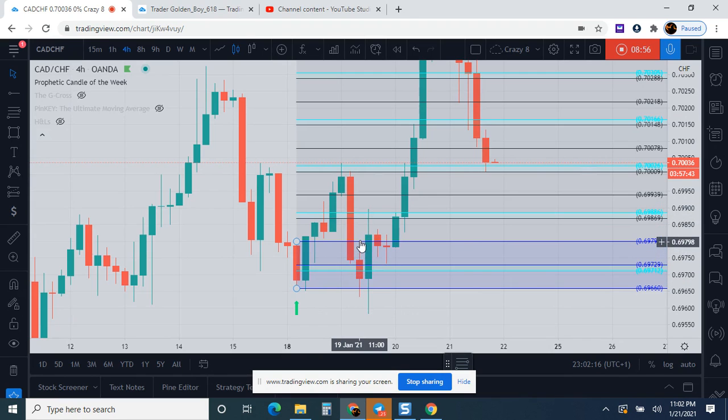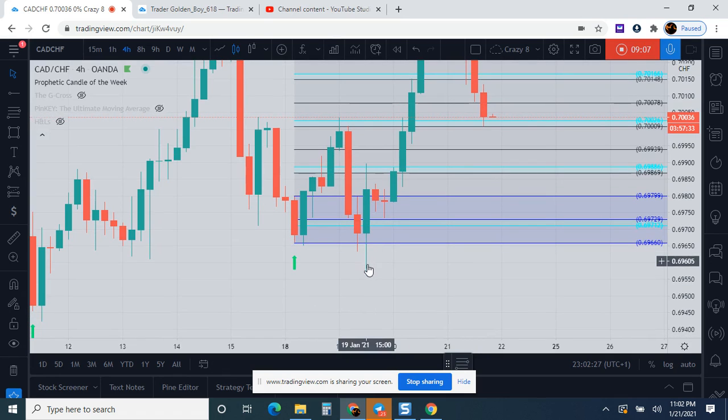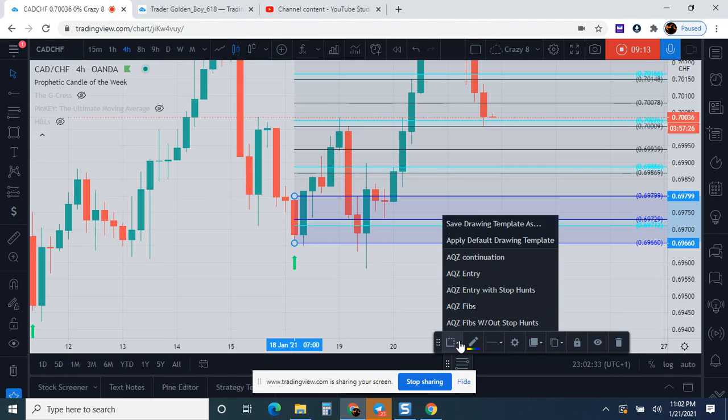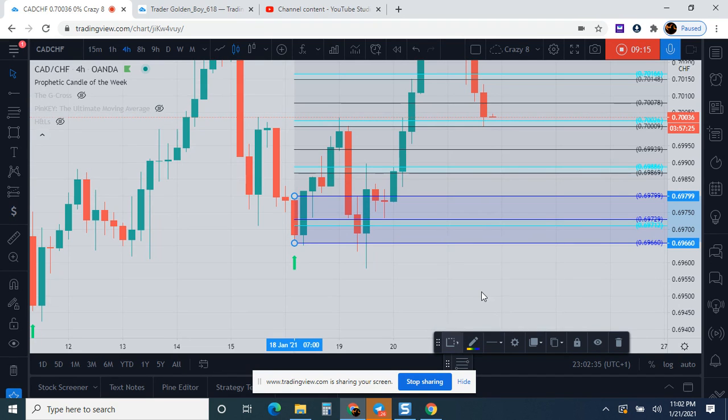But let's say you have your entries fixed up and you're risking 1%, this would have come straight for your SL, and you might have been out of that trade if you decide to place your SL somewhere here. We basically have a Fib setting that includes where our stop loss will be, right?